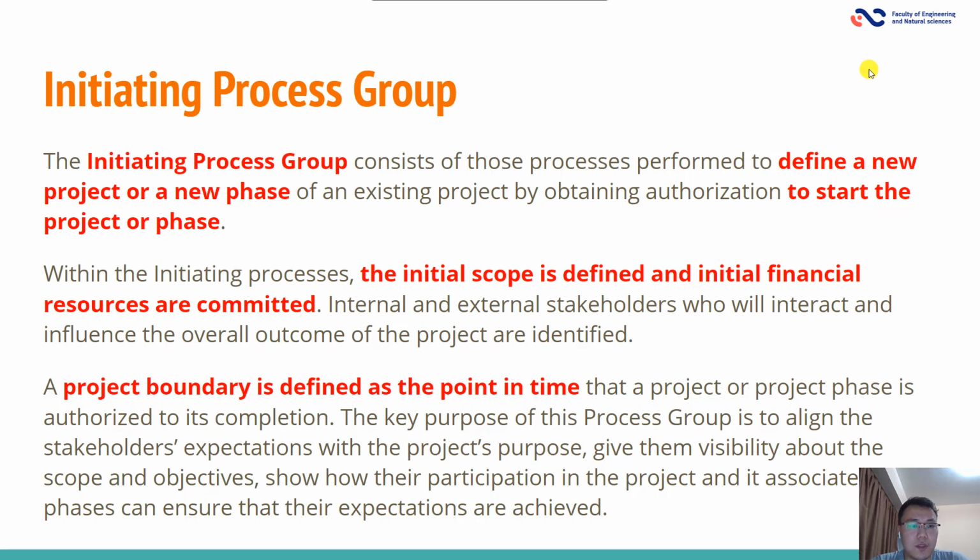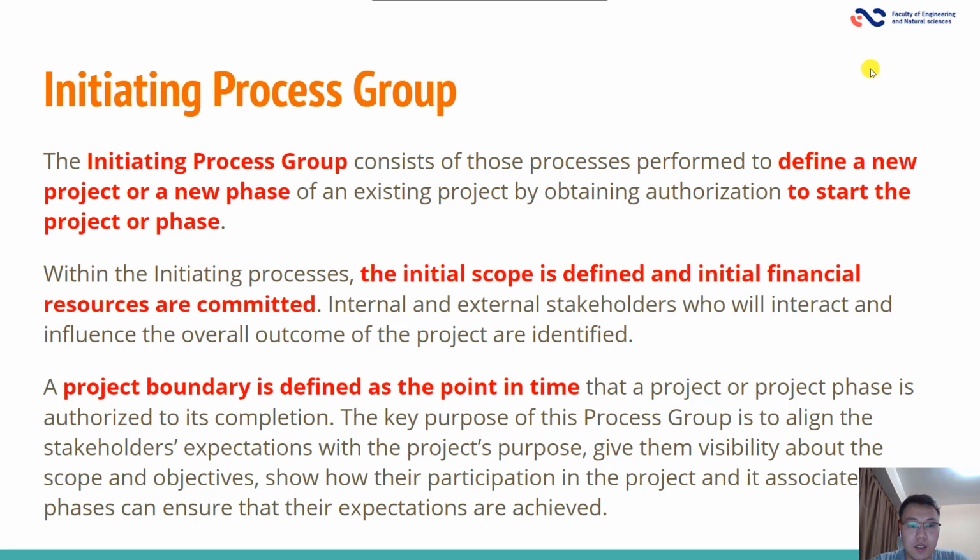Initiating process group. The initiating process group consists of those processes performed by defining a new project or new phases of an existing project by obtaining authorization to start the project or phase. Within the initiating process, the initial scope is defined and initial financial resources are committed.